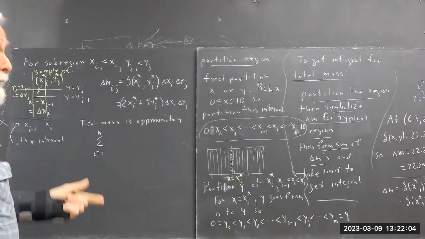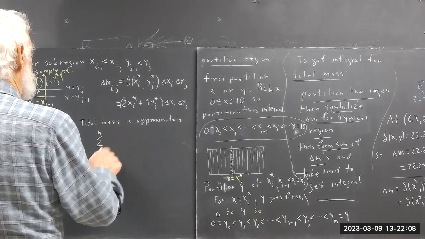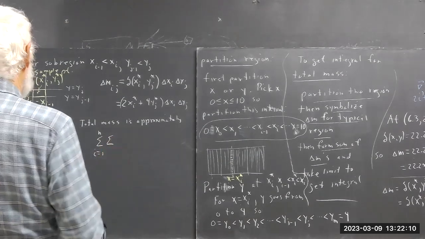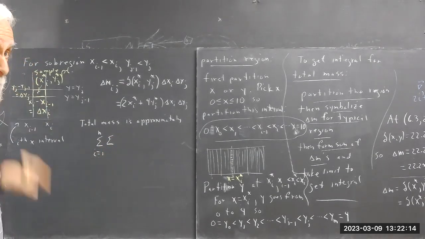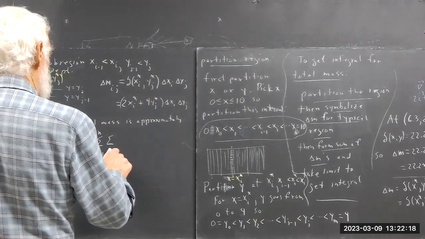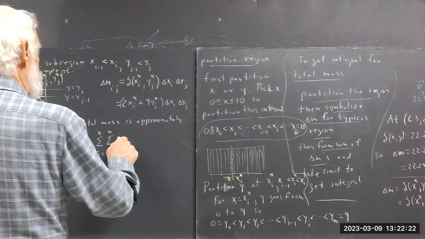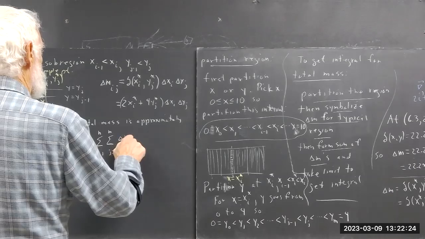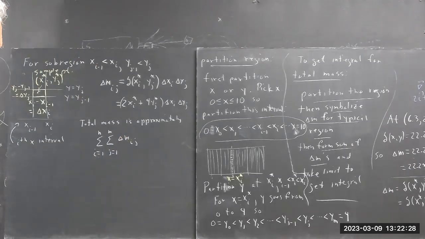But since I could be anything, we can then take the sum of the small rectangles. And there we have it.